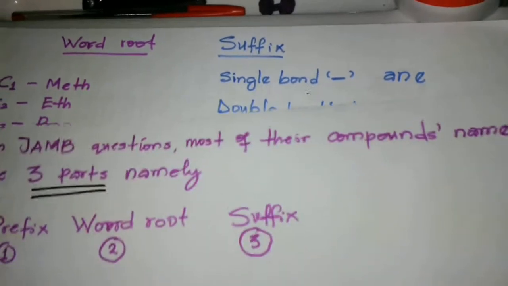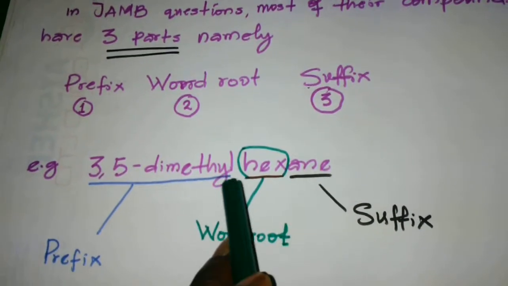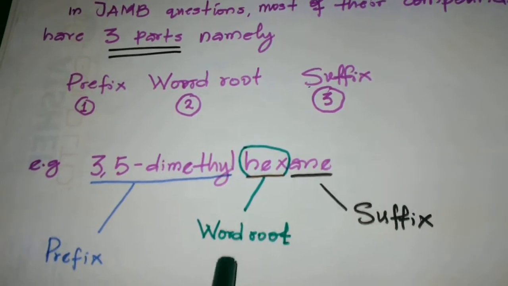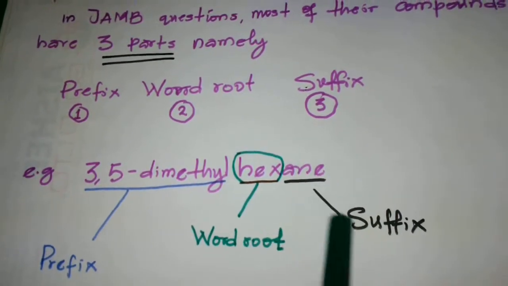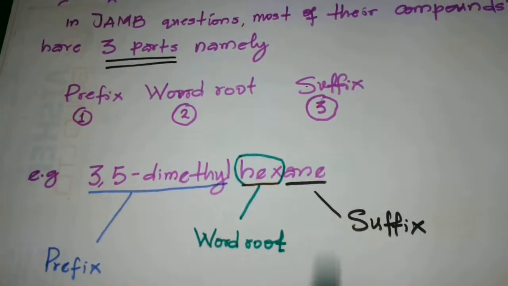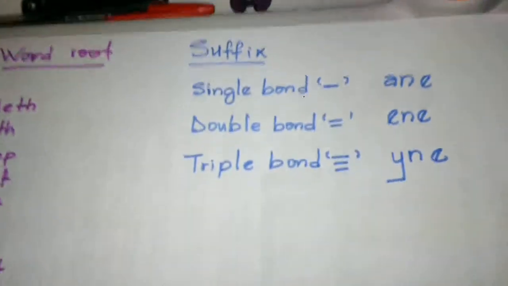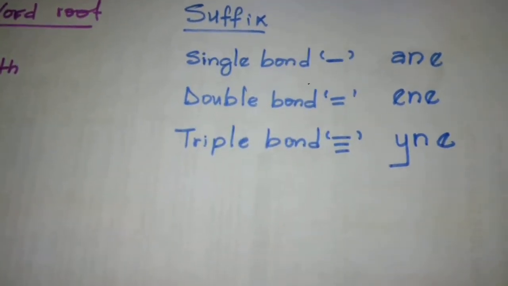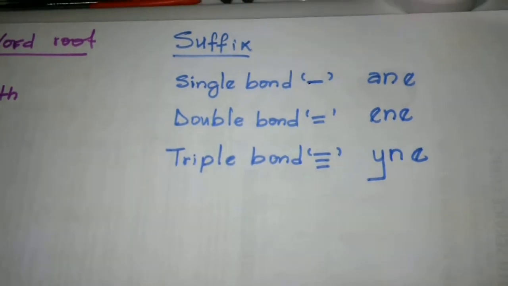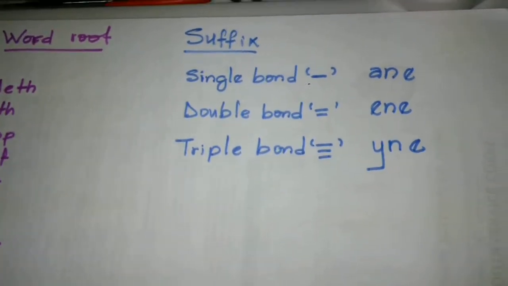The suffix here is ane. Hex, which is the word root, meaning 6 carbons, then ane, which is the suffix, meaning a single bond. Now, if it is a double bond, it will be ene, and if it's a triple bond, it will be yne, meaning the suffix.